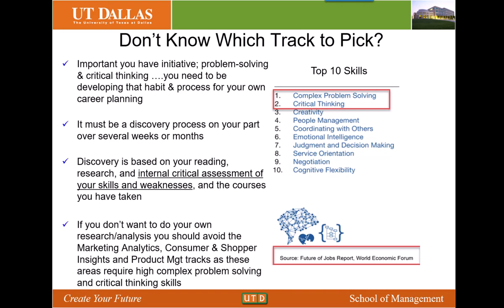Now, we get some percentage of students that just don't want to watch anything, don't want to read anything, and just basically want somebody to tell them what courses to take, what tracks to pick. Off the bat, I would say if you're in that category, you need to avoid the marketing analytics track, the consumer and shopper insights track, and the product management track, because these heavily require you to have the ability to solve complex problems and critical thinking.